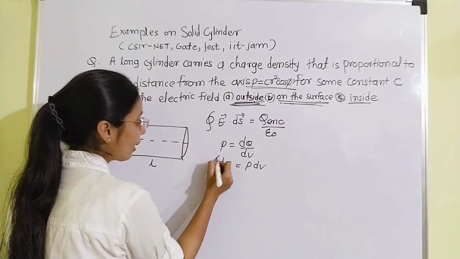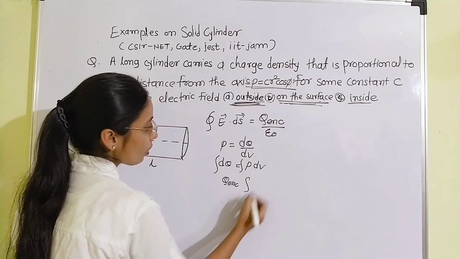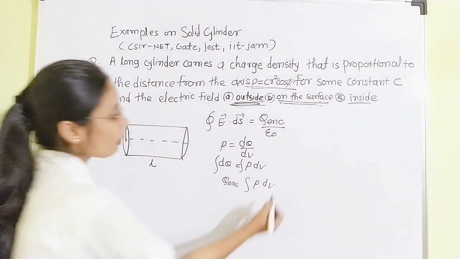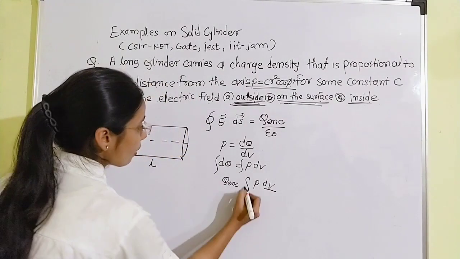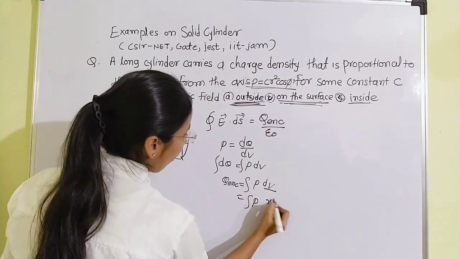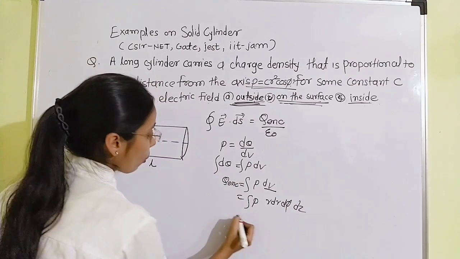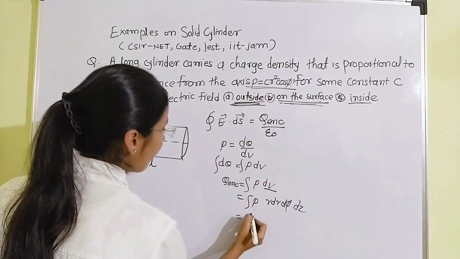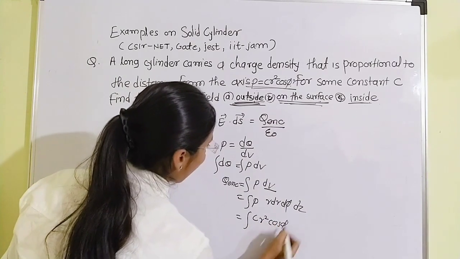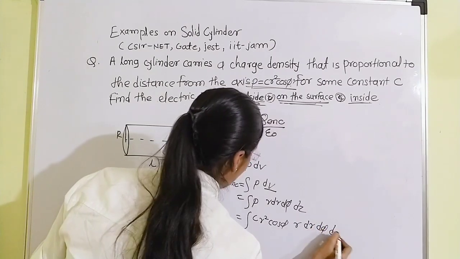So when we integrate, Q enclosed is equal to integration of rho dv, and the dv, that is the volume element for the cylinder, is r dr d phi dz. So here the value of rho gives the integral of C r square cos phi into r dr d phi dz.